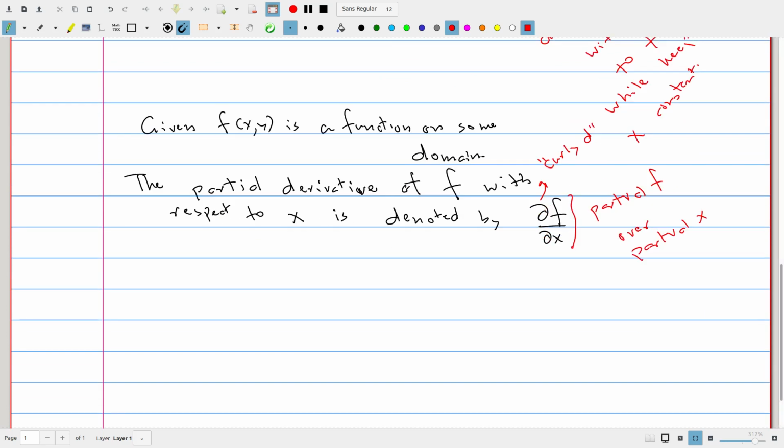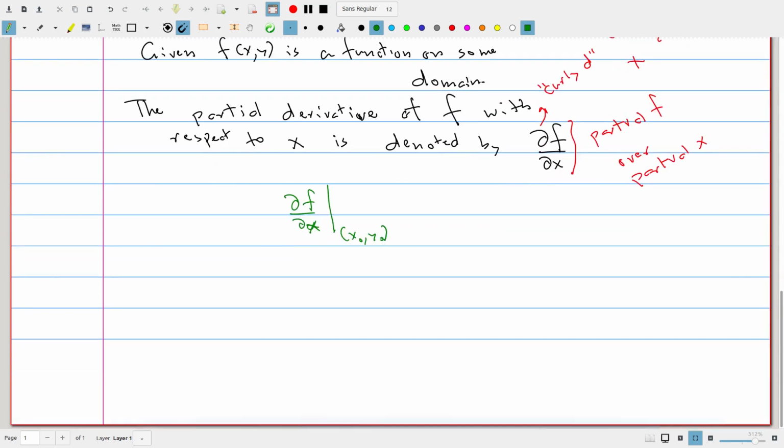And if you want to find the partial derivative at a particular point, you say partial f over partial x at the point x naught, y naught on its domain.